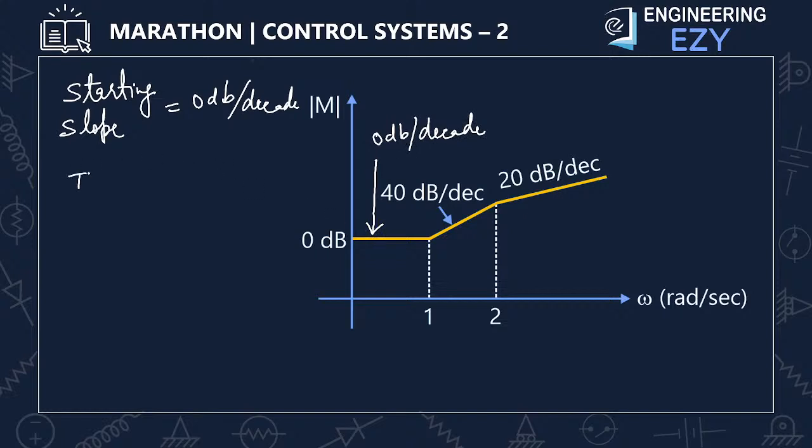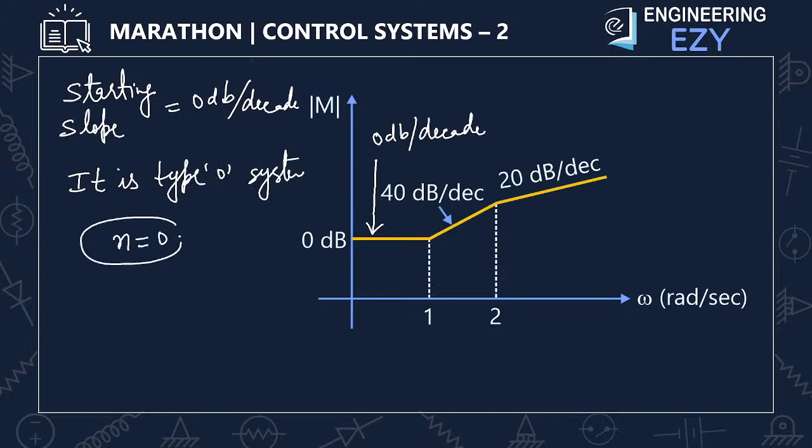It means it is a type 0 system. And if it is a type 0 system, n is equal to 0.